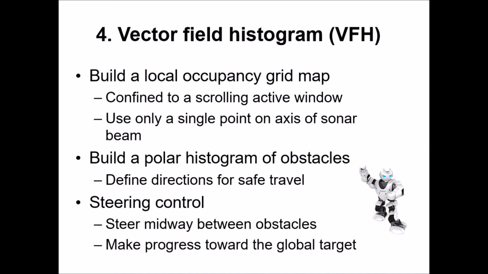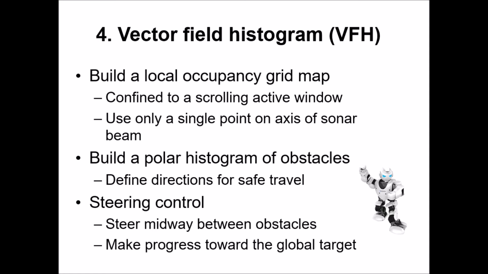Local occupancy grid map means that for each particular location, what is the probability that we have an obstacle. This is true for a condition in which we have a sonar sensor. However, if we use a laser rangefinder, the probability of occupancy for each grid cell is always 1. So if we use laser, every obstacle location will have the probability of 1. So this is the first step.